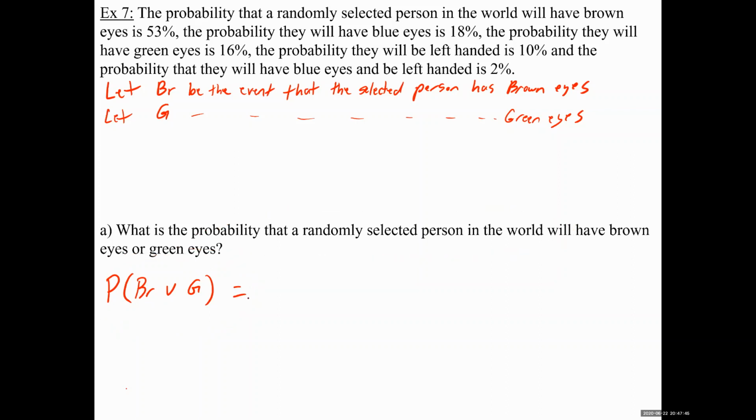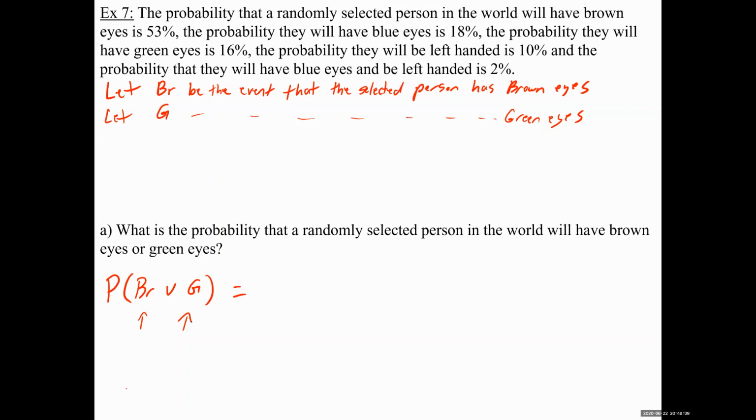Now, we're going to just go ahead and use the OR formula. There's 2 OR formulas depending on if the events are disjoint. So I need to know if these events are disjoint. So I want to know if there's somebody in both. Can someone in the world have brown eyes or green eyes? Now, let me stop you real quick. You might say, hey, I know someone who has brown eyes and also green eyes. Okay, I know you might say that, but we're going to pretend that that doesn't exist.